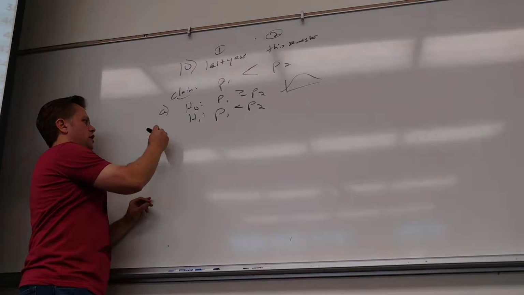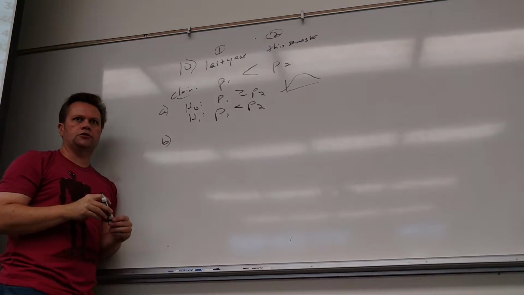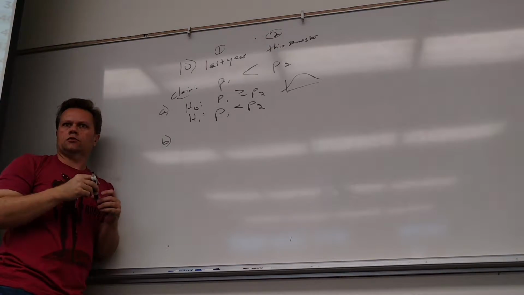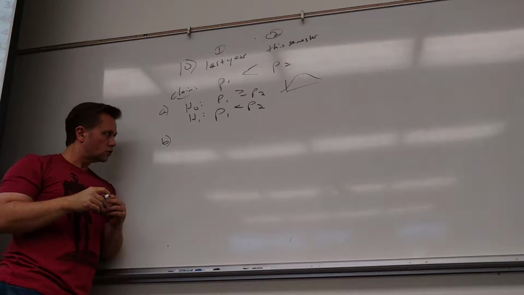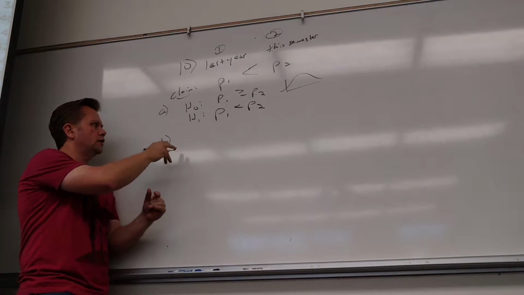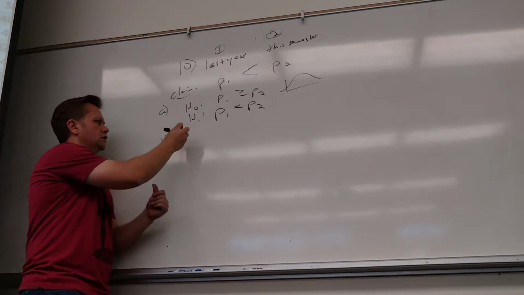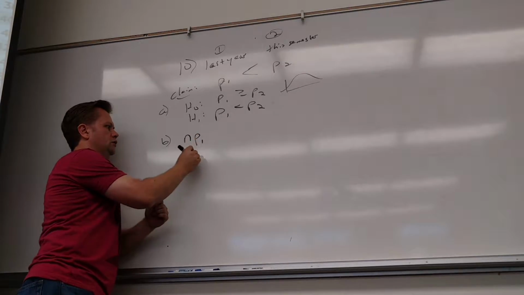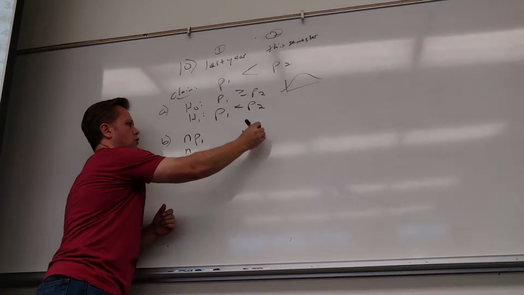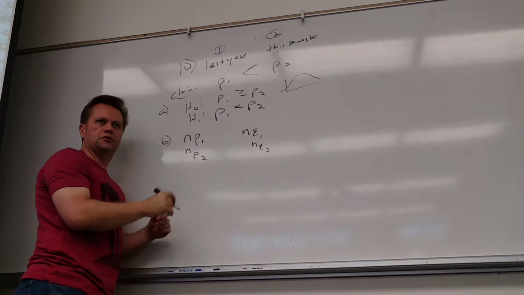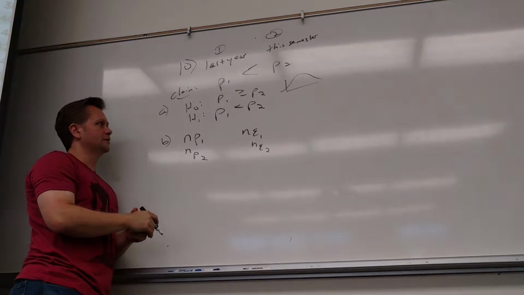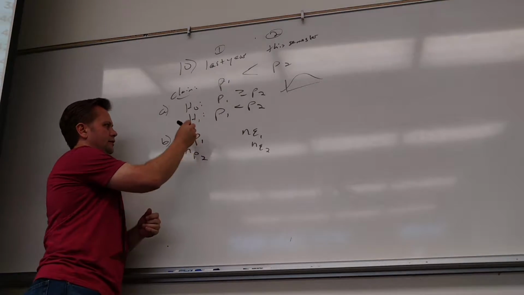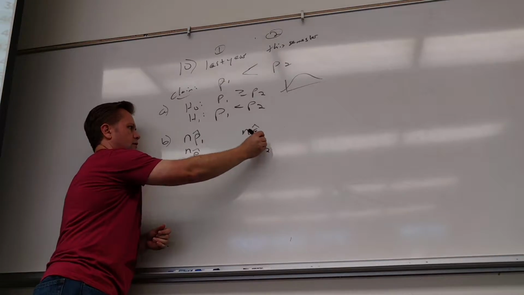So what do I need to check to see if I can use Z-scores? You could do the p-bar thing. It's also acceptable to do np1, np2, and q1 and q2, do all those. And these are hats, by the way.